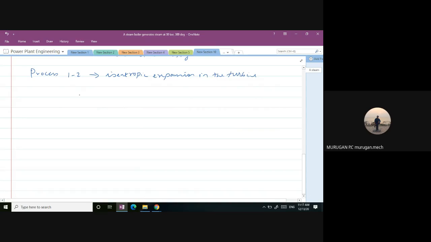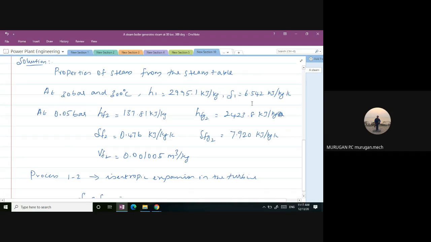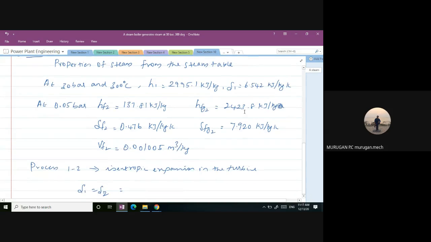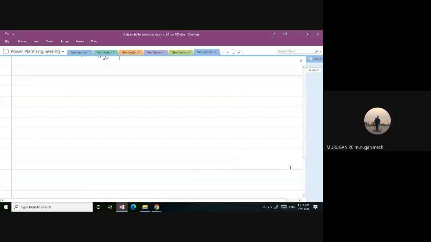So we know that S1 is equal to S2. What is the value of S1? That is 6.542, so we can write it here, 6.542 kilojoule per kilogram Kelvin.